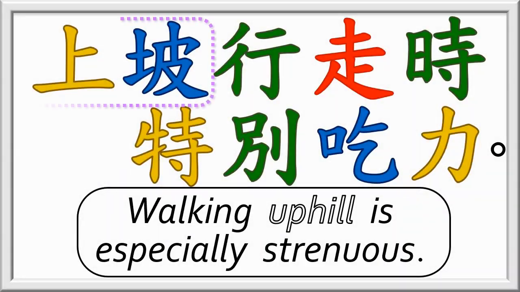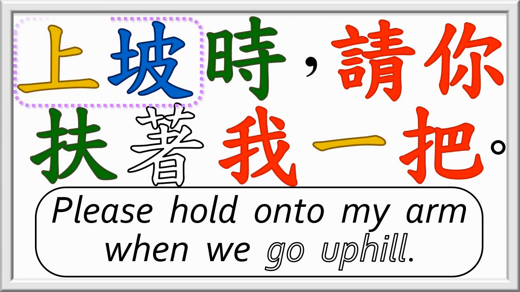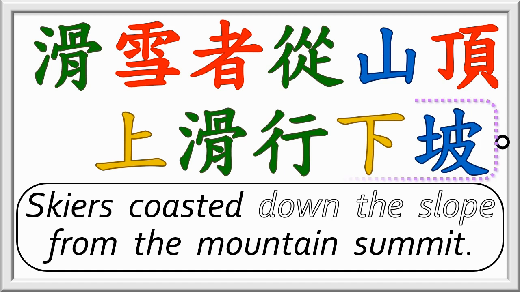上坡, 下坡 can also mean uphill or downhill. 上坡行走时特别吃力. Walking uphill is especially strenuous. 上坡时请你扶着我一把. Please hold on to my arm when we go uphill. 滑雪者从山顶上滑行下坡.